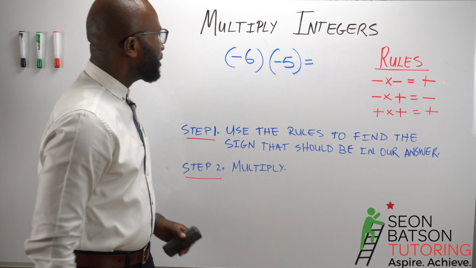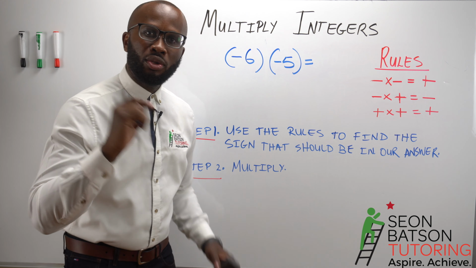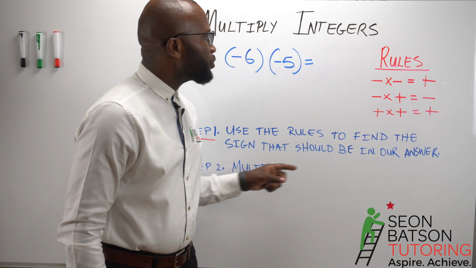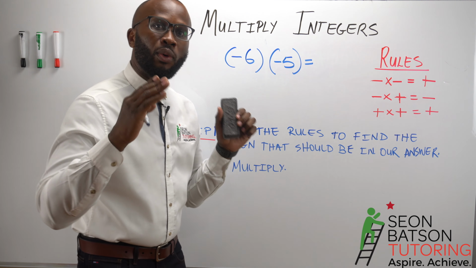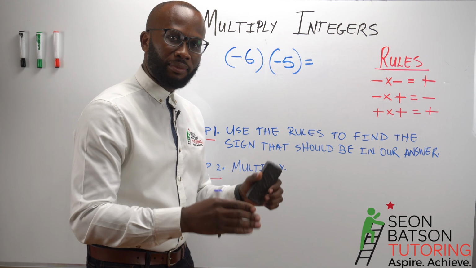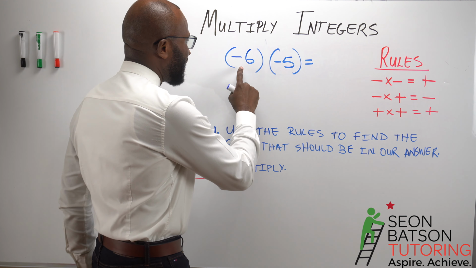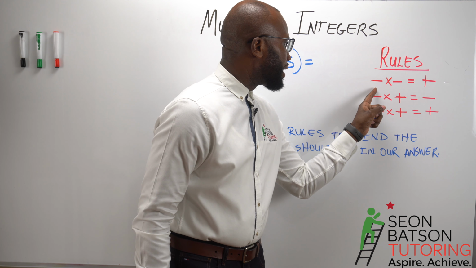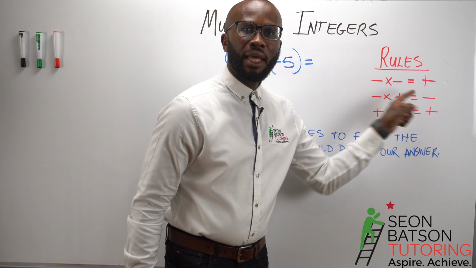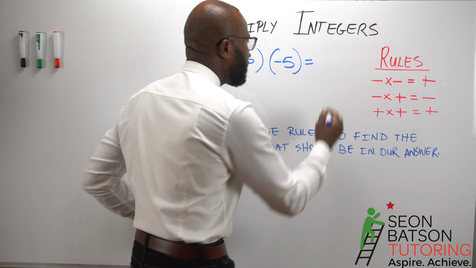Yes? All right. So again, we will go to step 1. Step 1 says we should use the rules to help us figure out what sign should be in our answer. We're multiplying a negative by a negative. And the rule says if you multiply a negative by a negative, you will get a positive. Very good.